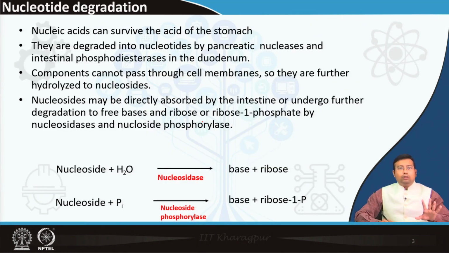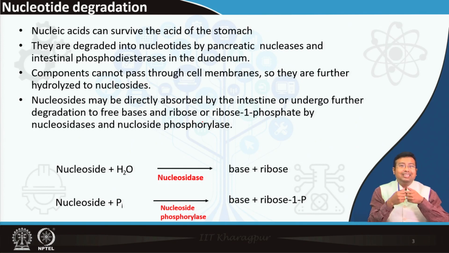So regarding nucleotide degradation, we discussed how purine nucleotides were being synthesized in the last class. Regarding degradation, what we need to know is that nucleotides are ultimately the monomers of the big nucleic acids, DNA and RNA. Whenever we are eating any animal protein or plant product, they have DNA and RNA inside them.